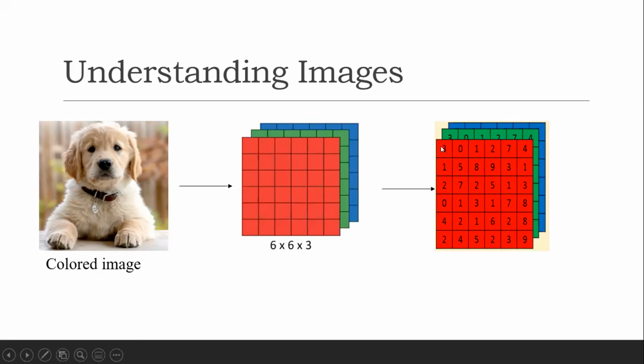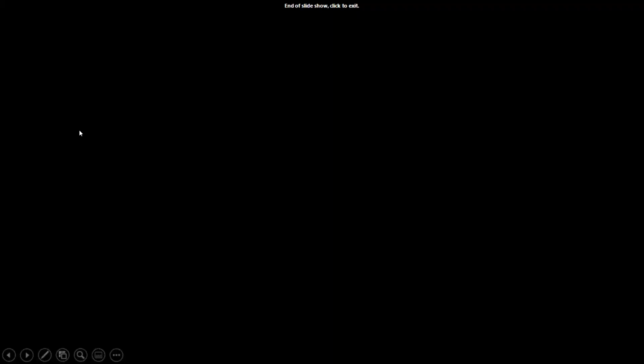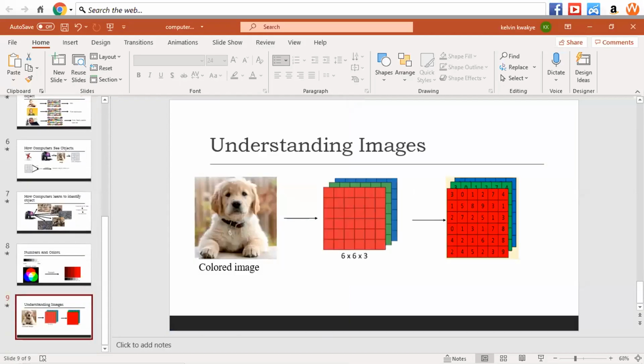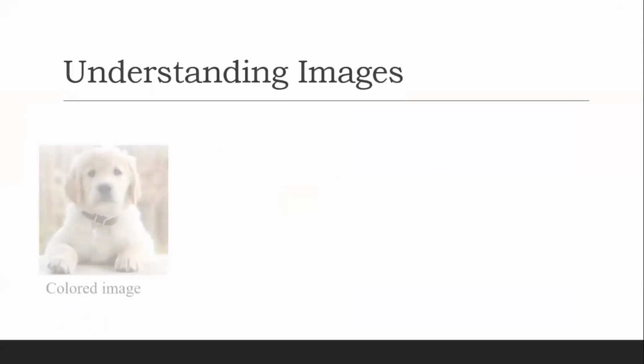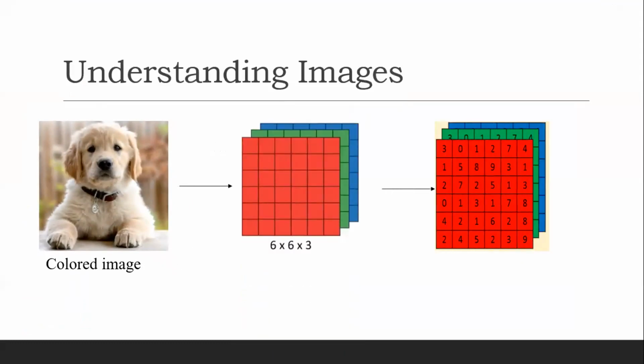So to get a particular pixel value that you see in the image, it's a mixture of the 3 colors, right?